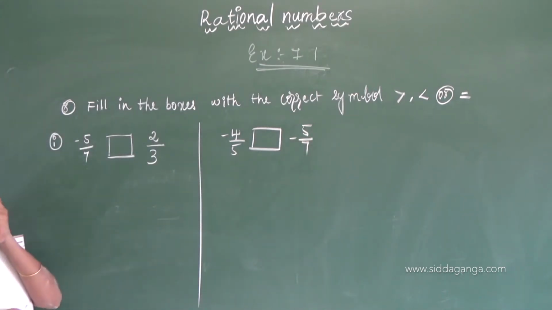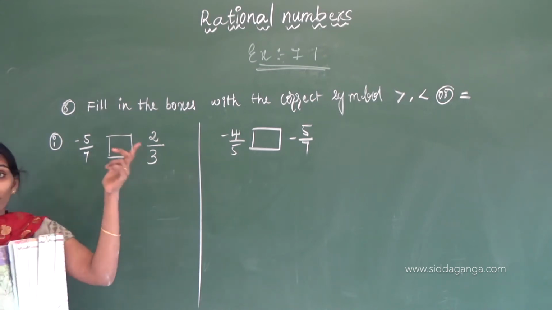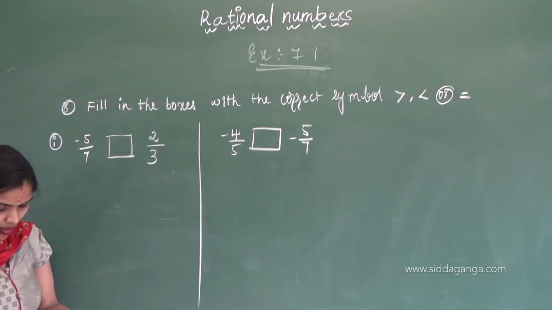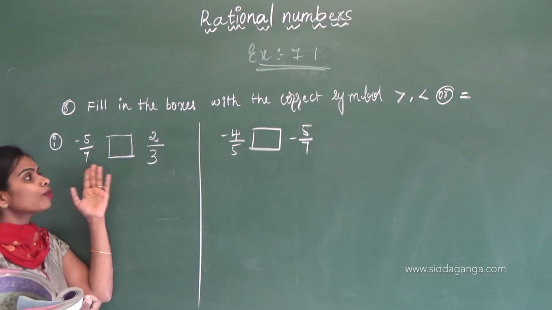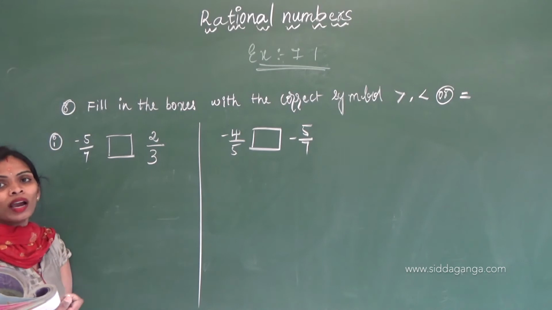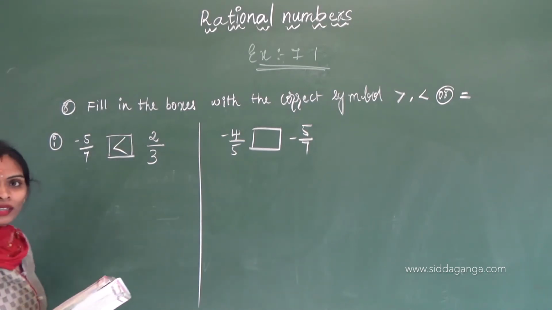Here, if you see this one, these two are different rational numbers, correct? Easily by seeing this one, we can tell that this one will be the negative one and this one will be the positive one, and easily we can mark here less than, correct?